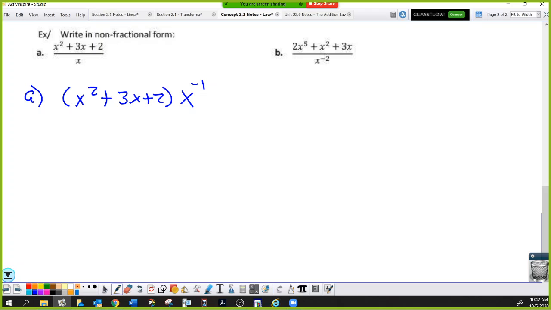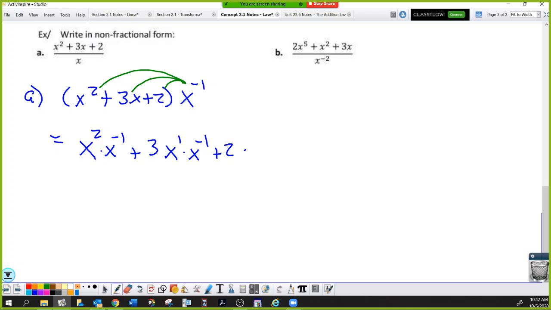Same idea? So rather than saying divide by x, how about I say times x to the -1 and then distribute that x to the -1 to all three spots, giving me x to the 2 times x to the -1, and I'll clean it up in just a second, plus 3x to the 1 times x to the -1 plus 2x to the -1.